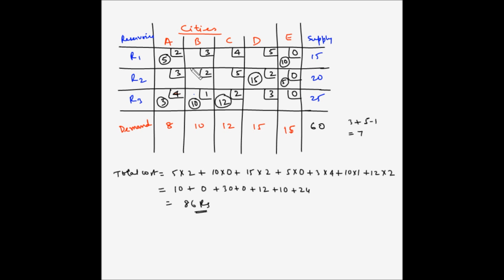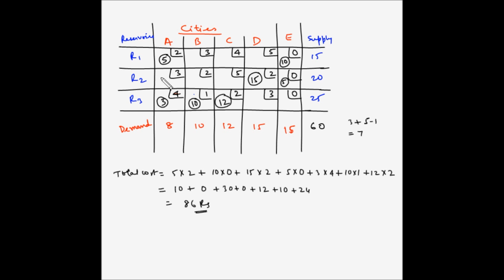Now after the first iteration, the one allocation at R2A has been removed, and there are two allocations which have been placed. One is at R1A and the other one is at R2E. These two are 5 and 5, which is 10. So where has this 10 come from?